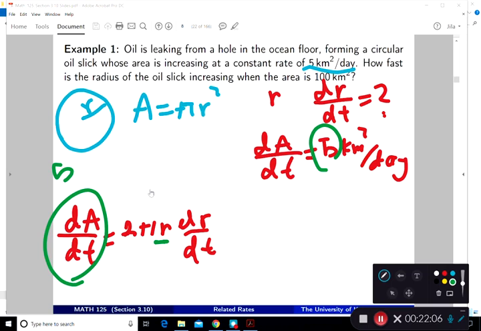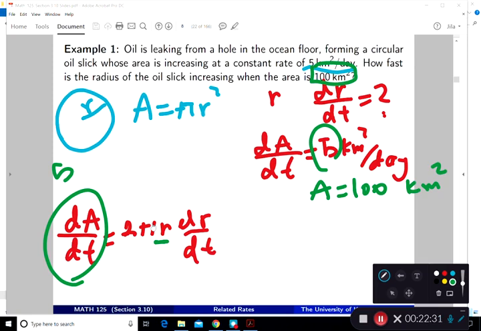And so how do I figure this one out? There was one piece of information that I didn't quite use up there. It tells you that at the point that the area is 100 square kilometers. And so if I use that, would I be able to find r at that instant?